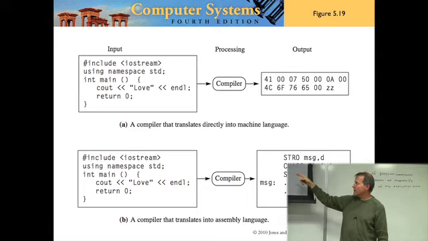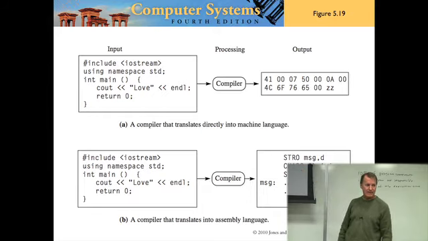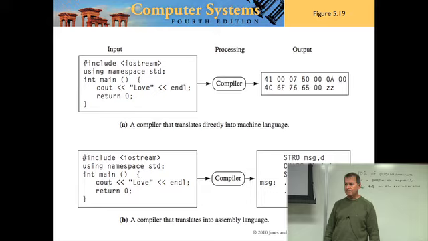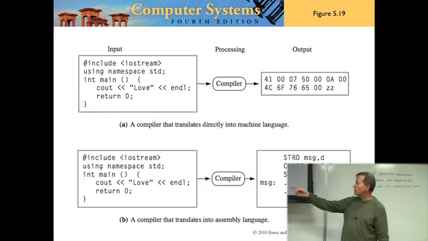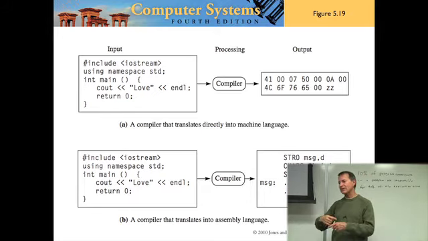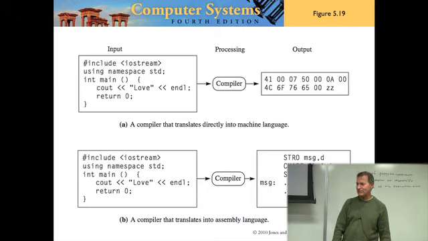Now, it could translate straight to level 3 machine language, and that's what's happening in part A. Isn't that fast? Wouldn't that be faster? Yeah, it could be. Because if you go to assembly language, then you have to have the assembler do another translation. So you're asking whether the translation process would be faster?